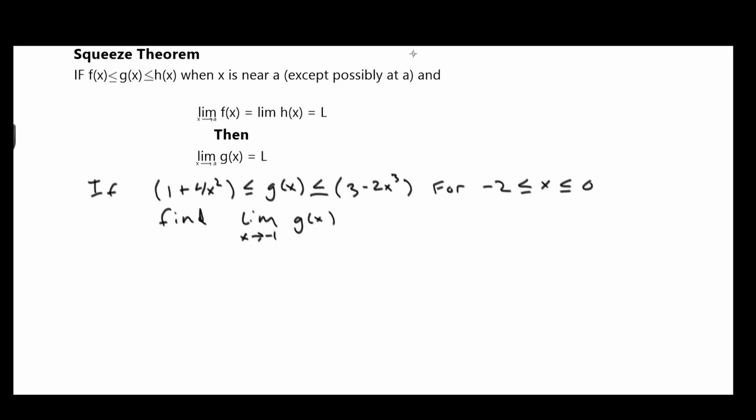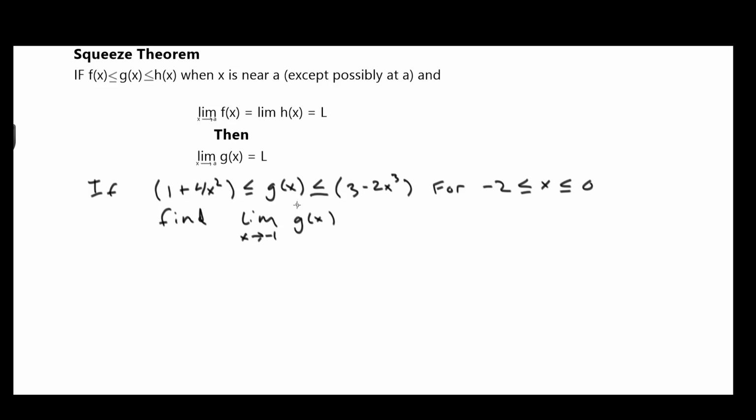So what we have here are two functions, 1 plus 4x squared, and another function, 3 minus 2x cubed. We need to find, with our a value at -1, the limit of our function g of x.